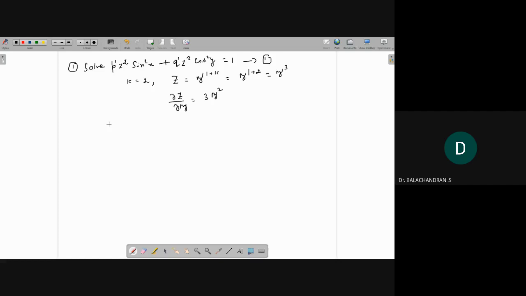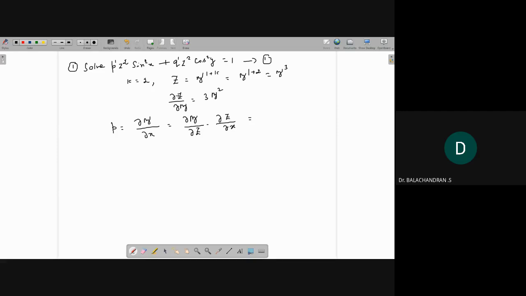Okay, now you should write the partial derivatives P. You have the substitution only for z. You don't have a substitution for capital X and capital Y. So that's why you know that P equal to dou Z by dou X equal to dou Z by dou capital Z into dou capital Z divided by dou X. Now what is dou Z by dou capital Z?